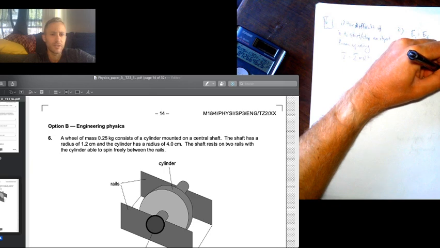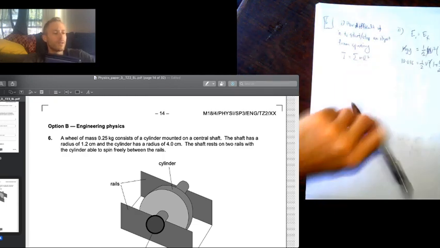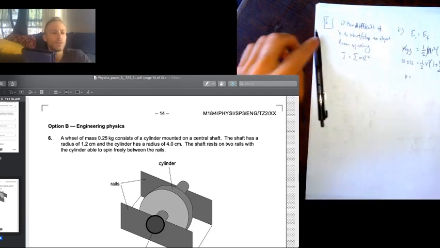So that inner radius is 0.012 meters. So I can take this and I can solve for the velocity, which I will do using algebra.